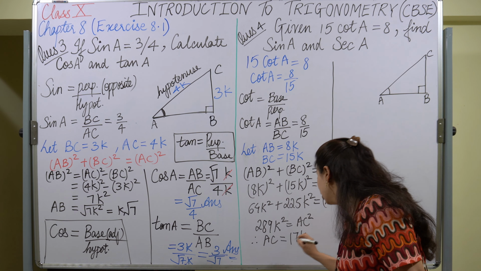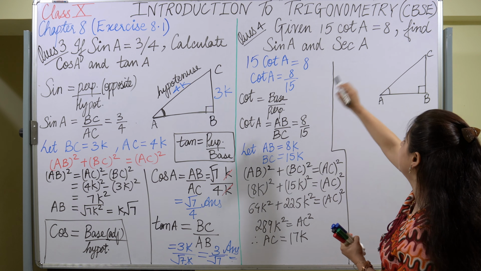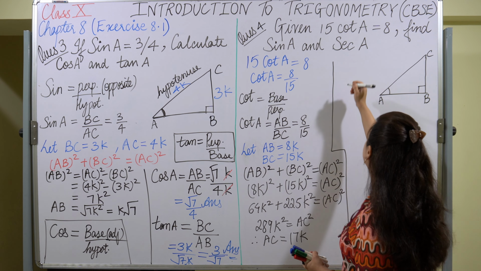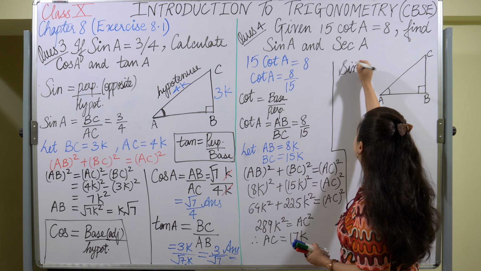Now we will be putting the values in the sin A and sec A formula. So sin is always given by perpendicular upon hypotenuse. So sin A will be equal to, for sin A, the perpendicular is BC and hypotenuse is AC.